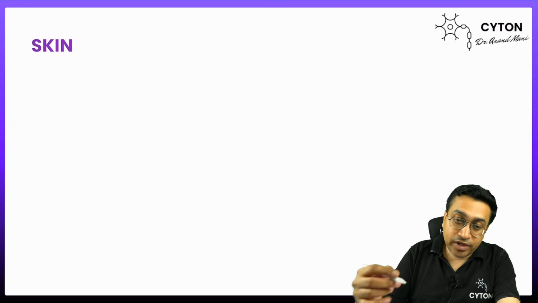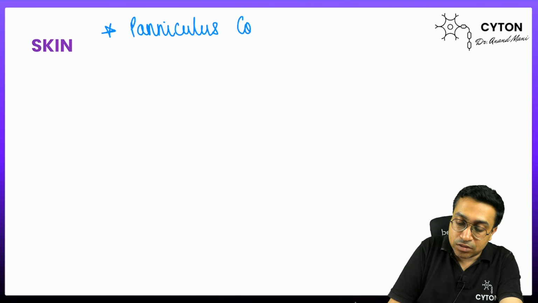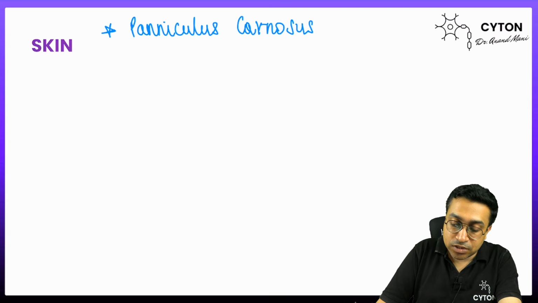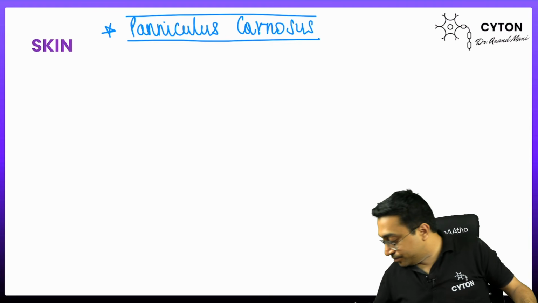Next we come on to the entity that is known as panniculus carnosus. We will read about this eventually again in the head and neck region also.